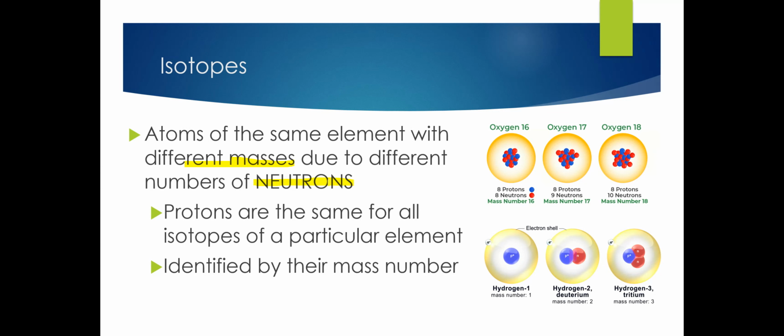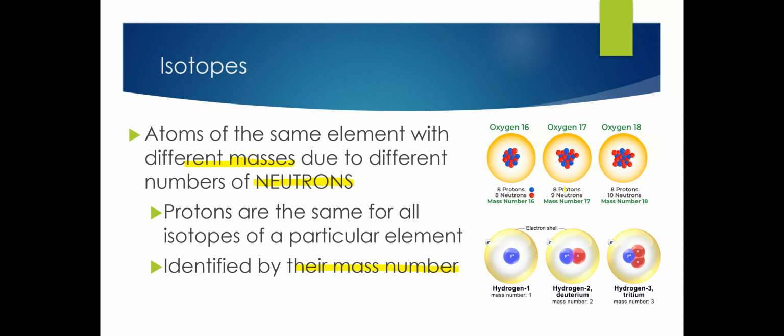Now, they're neutral in charge, so they don't affect the charge of the atom in any way, but they do have mass. Okay, so the mass comes from the protons and the neutrons. So if the neutrons vary from atom to atom of a particular element, what that's going to change is the mass. And that's why we identify them by their mass number. And so over here we see some isotopes of oxygen, oxygen 16, oxygen 17, oxygen 18.